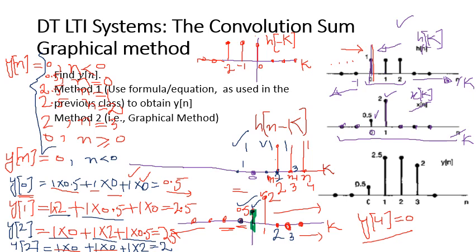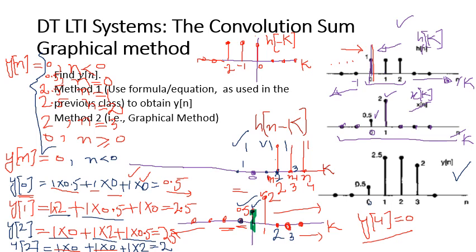So I hope this gives you an idea how we can use the graphical method to find the convolution sum. The resulting signal y of n is plotted here. You can see before 0 it is 0, and after 3 it is 0.